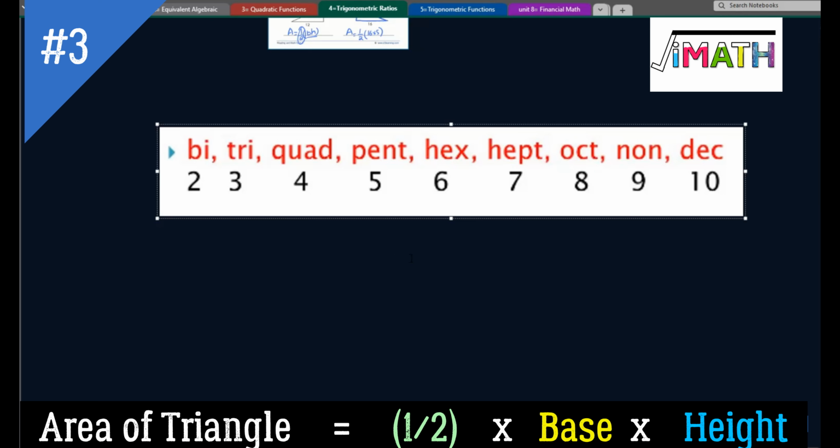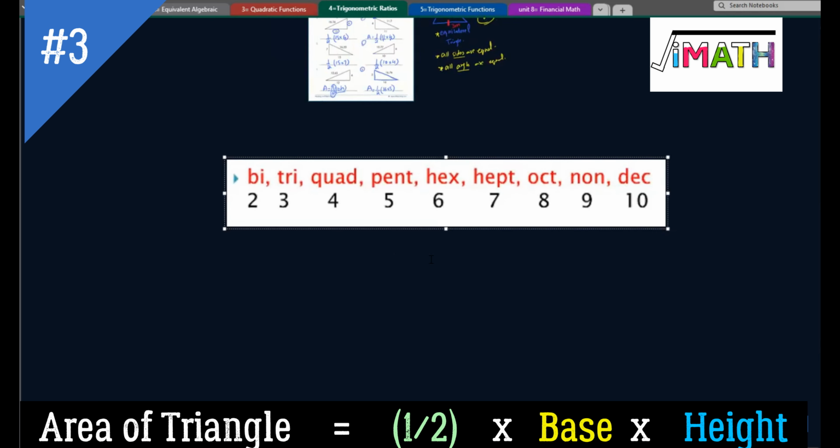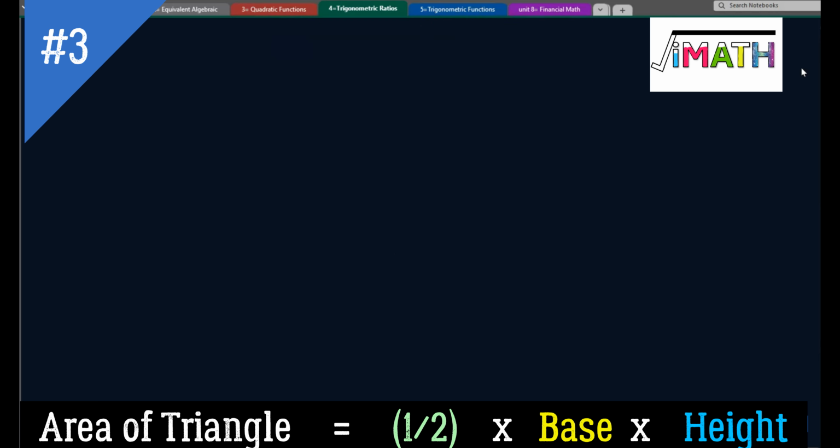It's like 2, 3, 4, 5, 6, 7, 8, 9, 10. Okay. So, can you give me the counting in Greek? What do you call the Greek prefixes, starting from tri up to the deca?